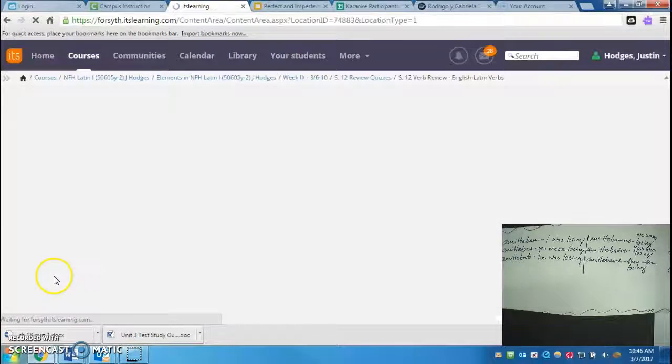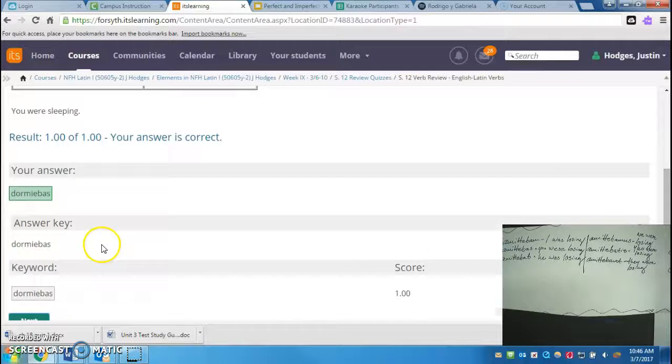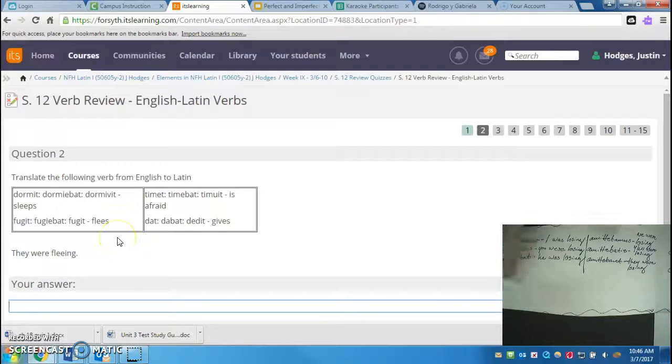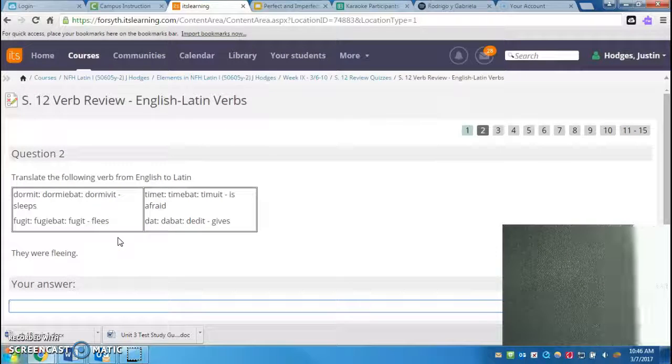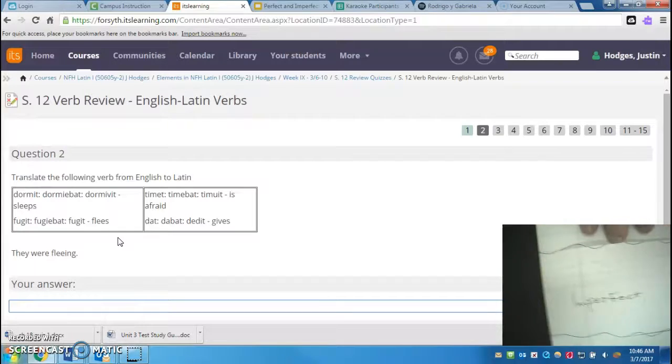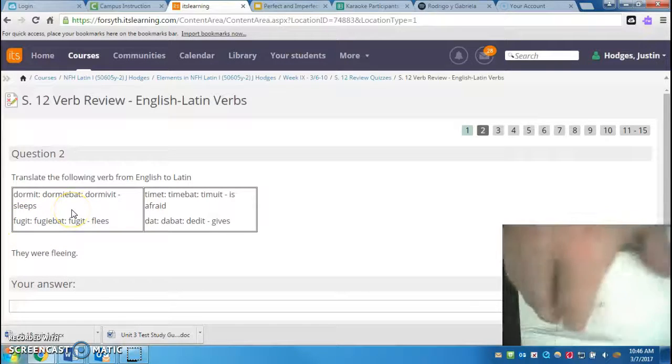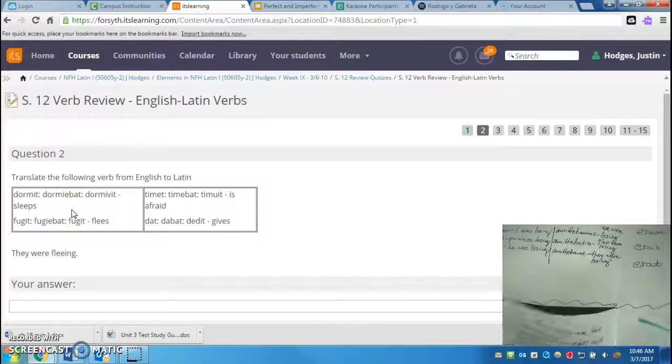All right. The rest of these will go much quicker. Oh, look at that. We were right. Okay. Next. They were fleeing. You can see up here the verb flees is fugit. They were fleeing, just like the last one. That's imperfect. We can tell because of the were -ing here. And we know that this middle one right here is the imperfect form.